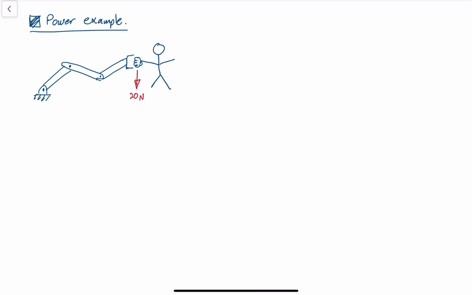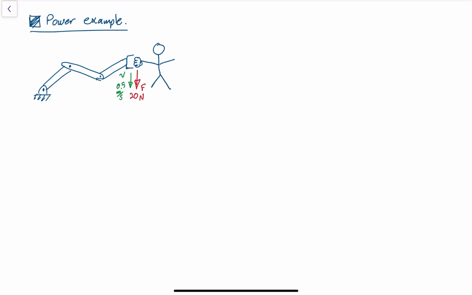And I also know that if I move in that direction, a healthy human movement in a normal, not super fast motion, the velocity is roughly maybe half a meter per second. So V and F. So I know these are the characteristics of movement at the interface between the patient and the robot. So the patient's hand and the robot's end effector.